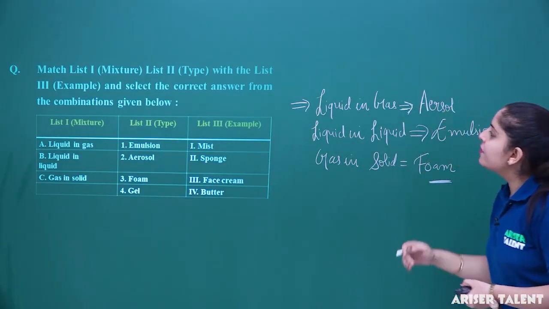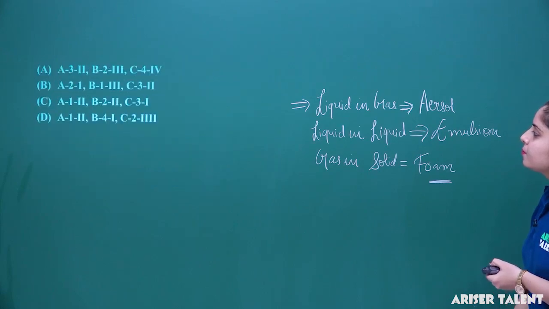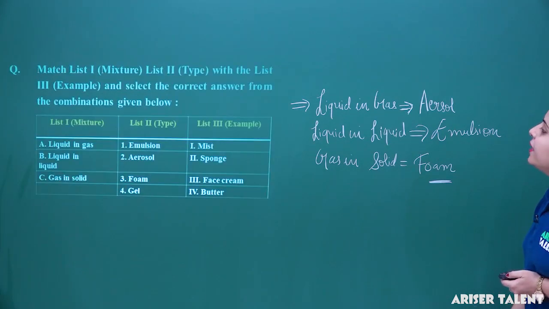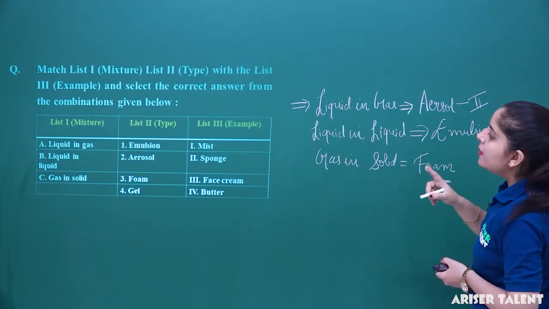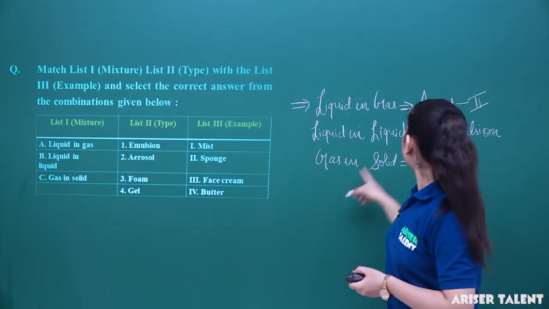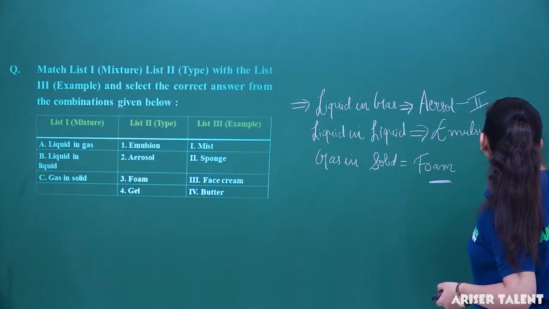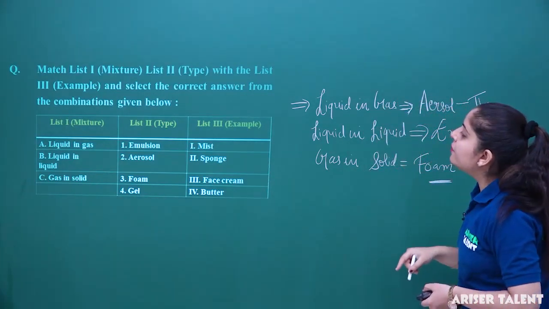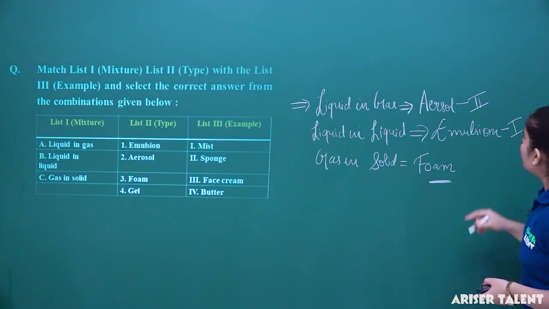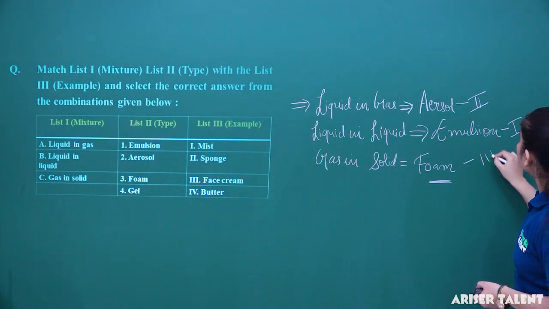Let us see what sequence is given there. Liquid and gas is an aerosol, so it is number 2. Liquid and liquid is showing an emulsion, so it is number 1. Gas in solid will be termed a foam, so it is number 3.